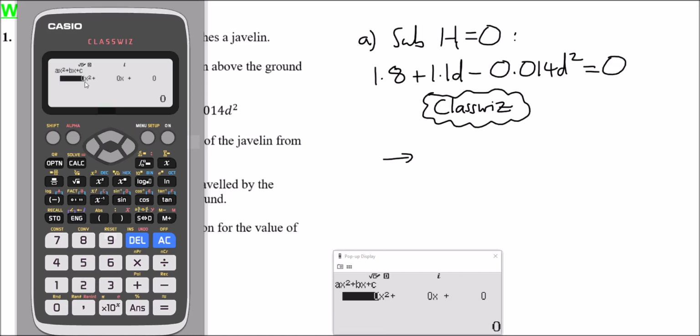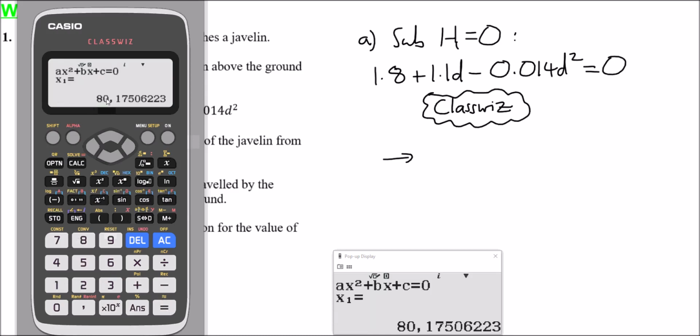Now we put in for the leading term the coefficient of the squared term. So this is minus 0.014. The d term is 1.1, so type in 1.1, and then 1.8 is the constant term at the end. Press equals and equals again.